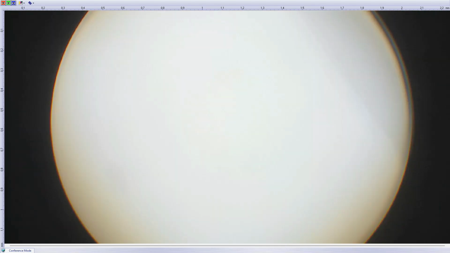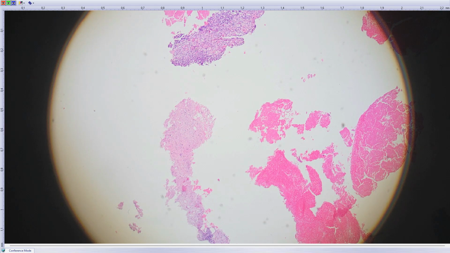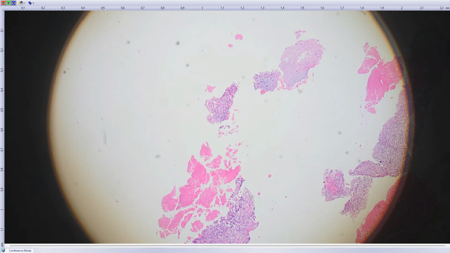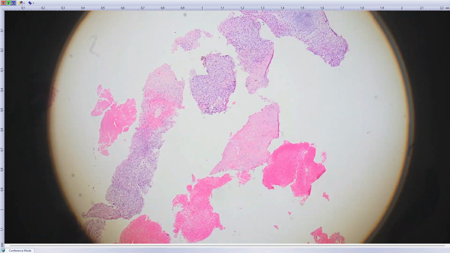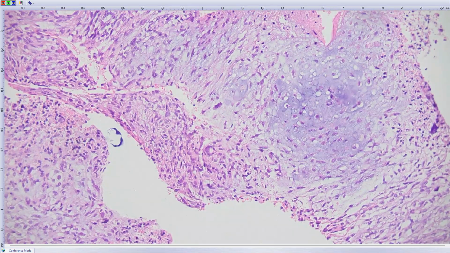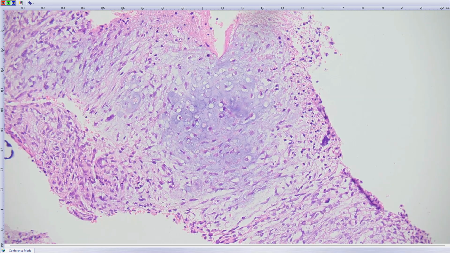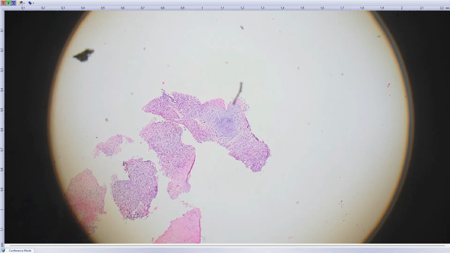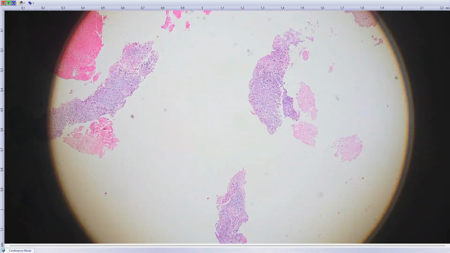And as I mentioned, there was a suspicion for a gynecological tumor, most likely ovarian. Here's another slide, with more easily distinguishable chondroid differentiation. So we have some suspicion for gynecological tumor.